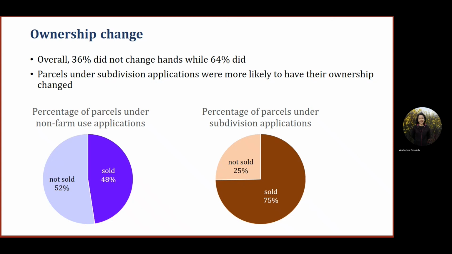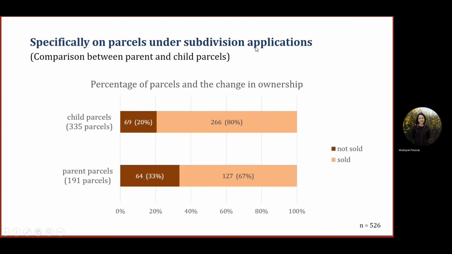Now, specifically on parcels under subdivision applications, we again divide the parcels into parent and child parcels. The top bar represents lands classified as child parcels. These are new parcels that occurred as a result of the subdivision applications.